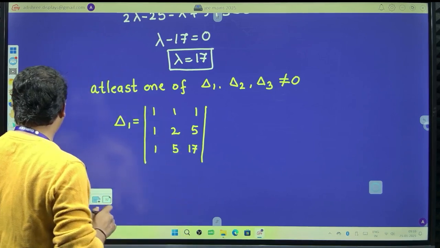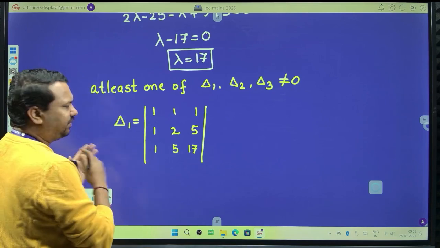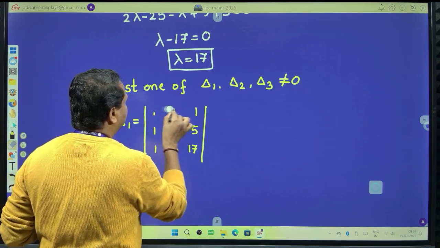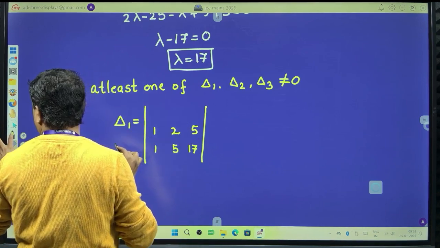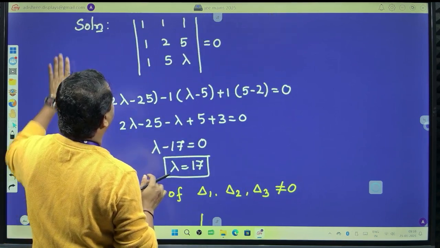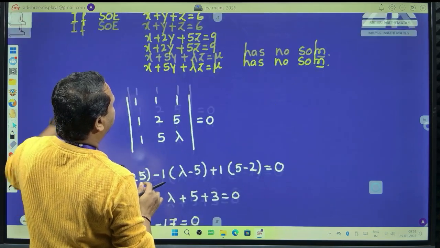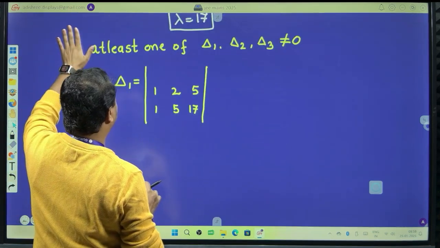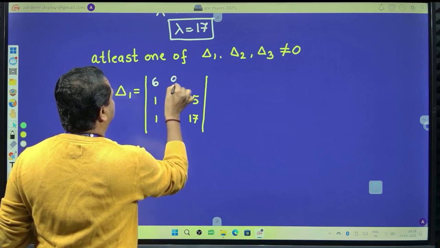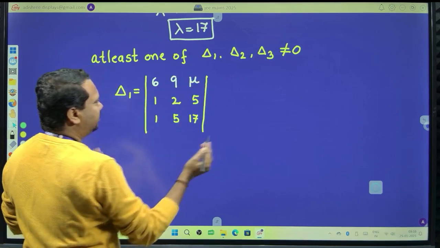In this case, I am going to remove either the first row or the first column, whichever is fine. Say for example, I am removing the first row. I have to replace it by the constant values of the system of linear equations. See what we have? 6, 9, mu. Now you have to expand it.